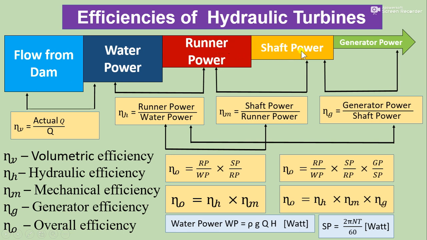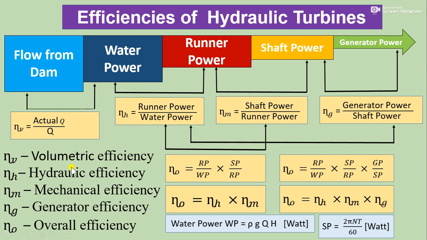So at a shaft we get shaft power. This shaft is connected or coupled to the generator, which produces generator power. Now as some losses occur at each stage, thus different types of efficiencies are enlisted here.